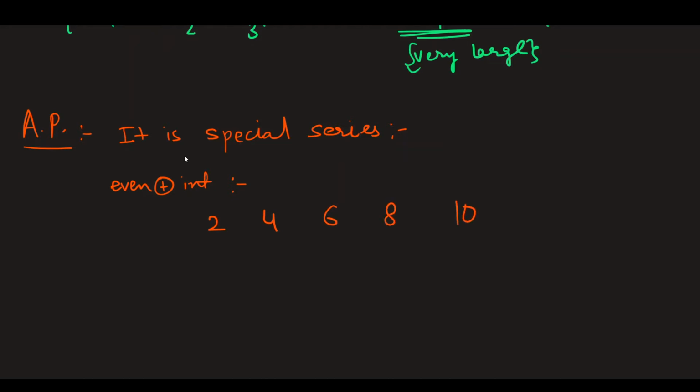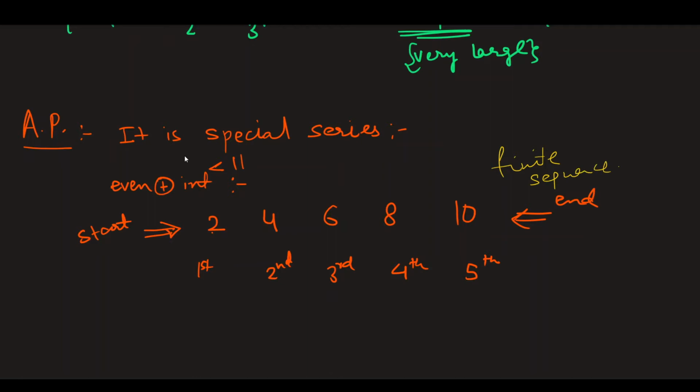So even positive integers less than 11, we are taking only these. So this is the first term, the second term, third term, fourth term and fifth term. So it has a total of 5 terms. This is the start, this is the end. So it is a finite sequence.